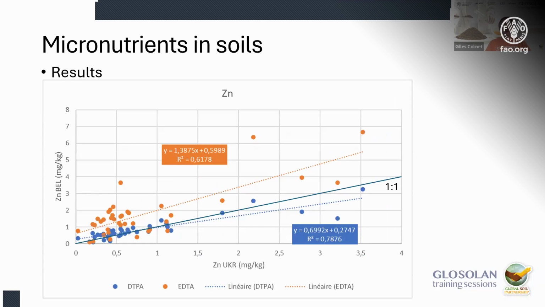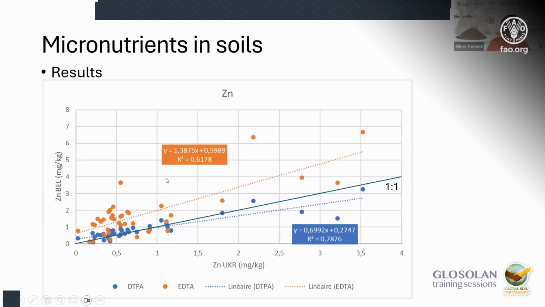And regarding zinc, we can see that there is a quite fair relationship between the DTPA and the Ukrainian method. The points are not so far from the 1-1 relationship.